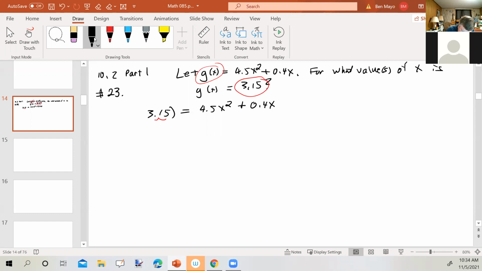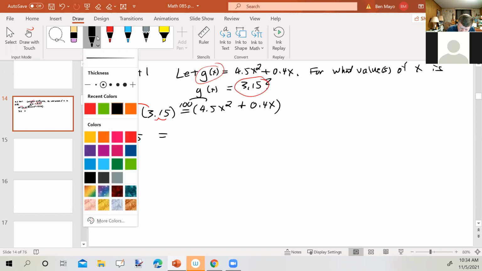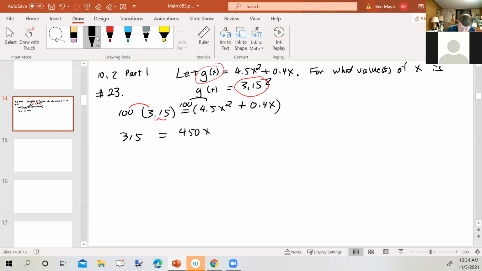Distributing 100, 100 times 3.15 would be 315, 100 times 4.5 would be 450x squared, and 100 times 0.4x would be 40x.